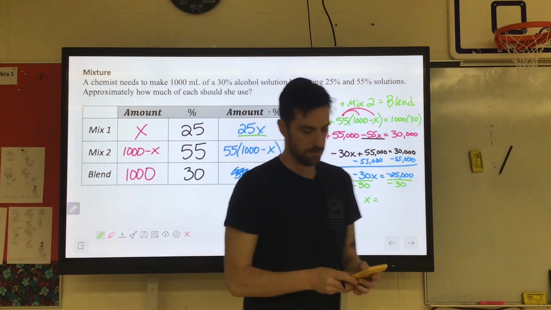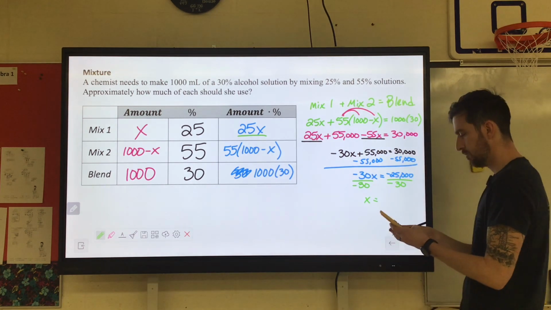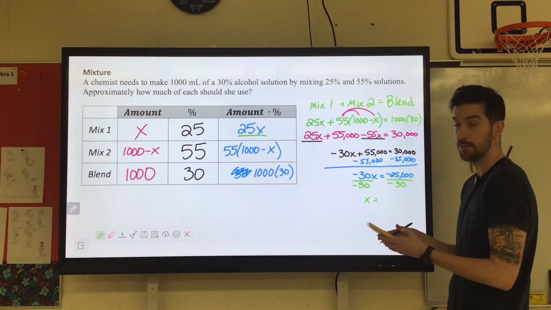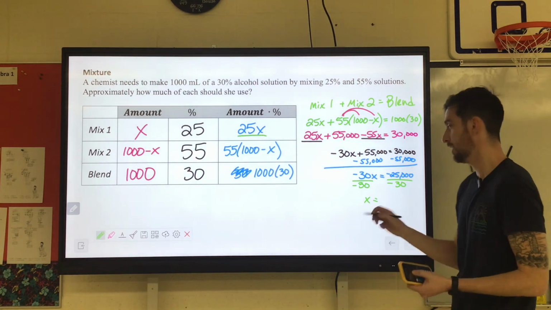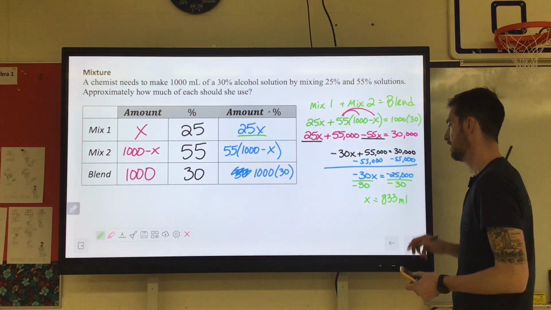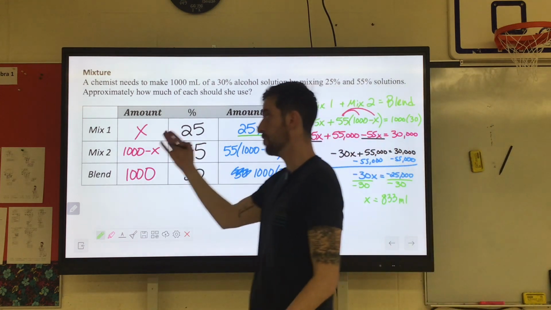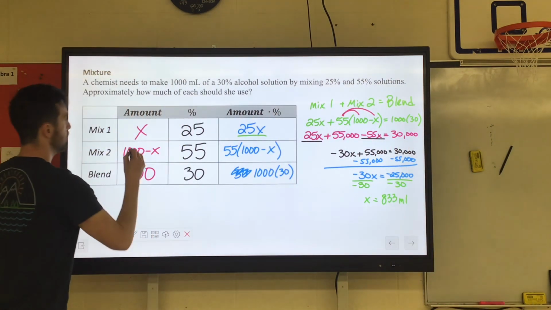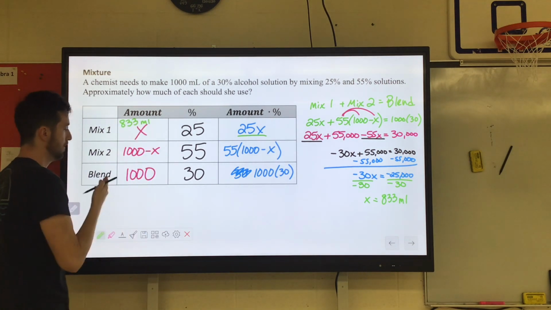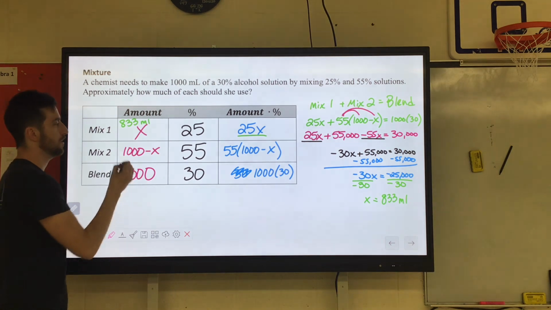So I think, let's see, 25,000 divided by 30. It's 833.3 repeating. Let's just go ahead and call it 833. So if we look, that's the amount of mix 1, 833 milliliters. Mix 2, we have to do 1,000 minus that.